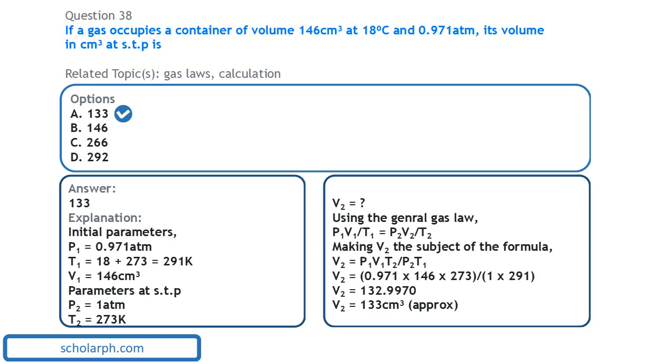We have P1 as 0.971, times V1, which is 146, times T2, which is 273, divided by P2, which is 1, times T1, which is 291. By the time you multiply all of this and divide by 291, you'll get 132.9970. Approximately, that is 133 cm³.